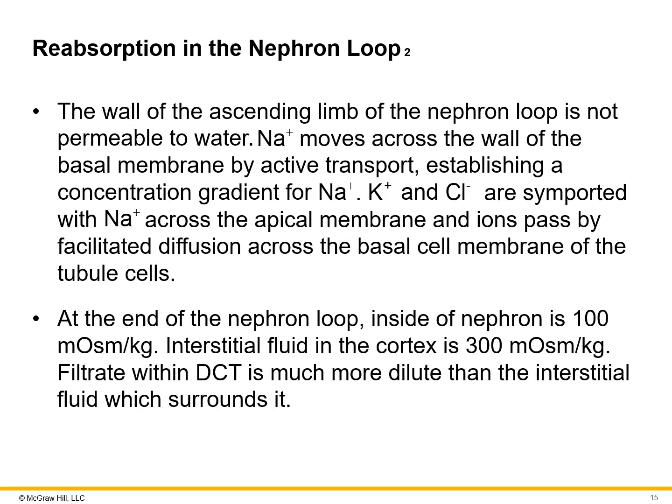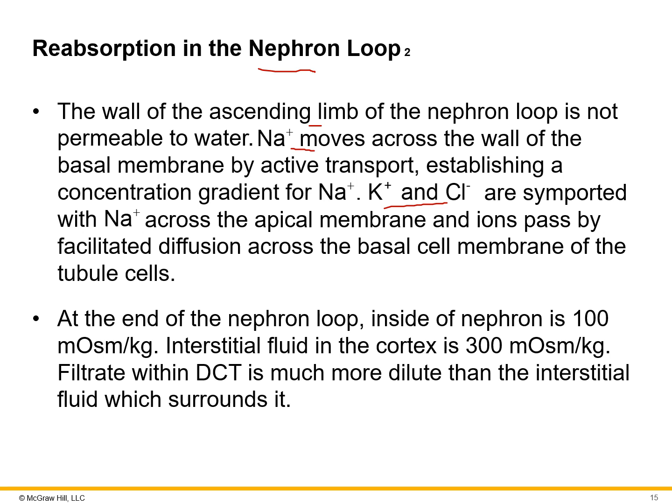All right, so in the reabsorption in our loops, the wall of the ascending limb, again, is not very permeable to water. Sodium, though, is going to move across the wall by active transport, the sodium potassium pump, to set up the gradient so we can move potassium and chloride by symport, using sodium going with its gradient to move those against their gradient.